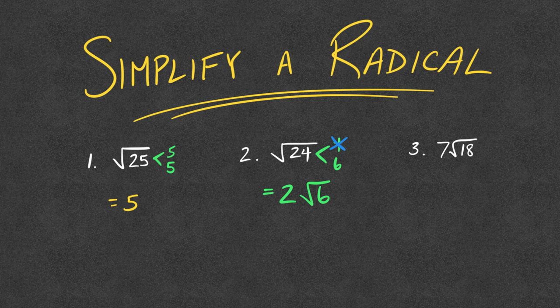Now, the reason why I really love it, I'm going to get rid of that answer again, is what happens if you didn't factor 24 into 4 and 6. Say instead you said, 2 and 12. Well, now you can't take the square root of 2, you can't take the square root of 12, so you try to factor 12 further. And if we factor 24 into 2 and 12, we're likely to factor 12 into 2 and 6.